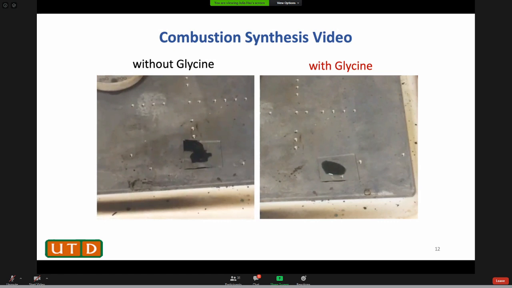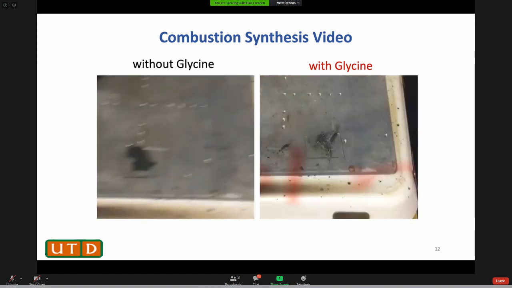The two hot plates are exactly the same temperature, so it has the fuel inside, so it doesn't need much external energy to cause the combustion. However, with combustion synthesis, you still need many minutes, 20 minutes to an hour, and you also still require temperatures greater than 200 C.